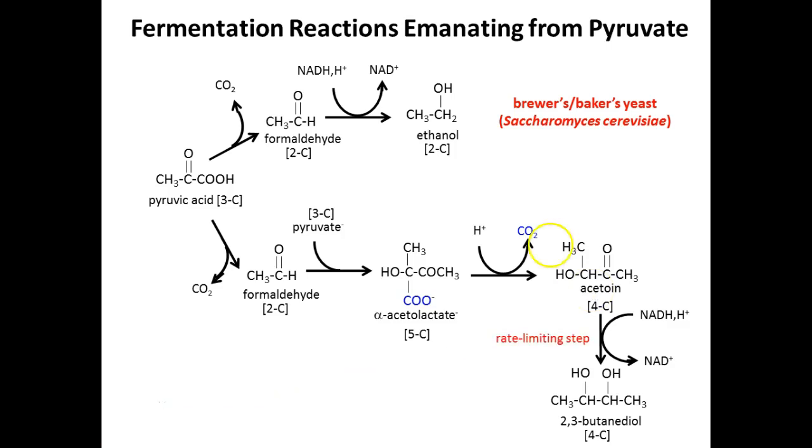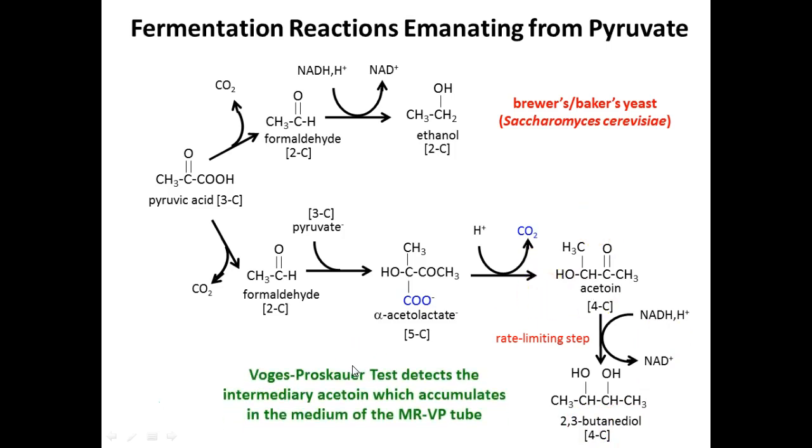This is a rate-limiting step, so we have quite a bit of acetoin, not so much of the 2,3-butanediol. So it's pretty easy to test for the presence of the acetoin. So the Voges-Proskauer test detects the intermediate acetoin, which accumulates in the media of our MRVP tubes. Those tubes were labeled that because they allowed us to run 2 tests, the methyl red and the Voges-Proskauer.